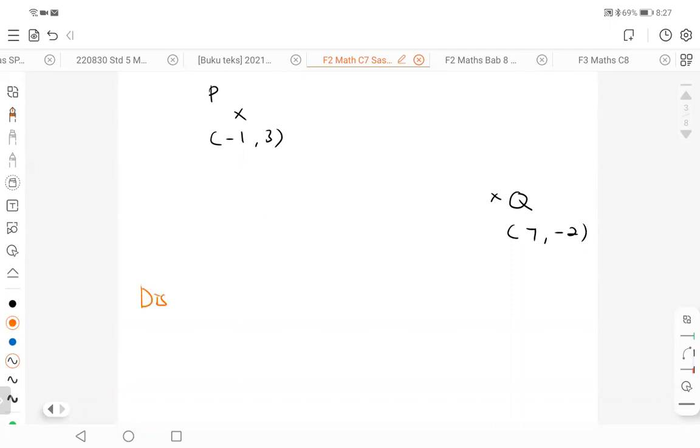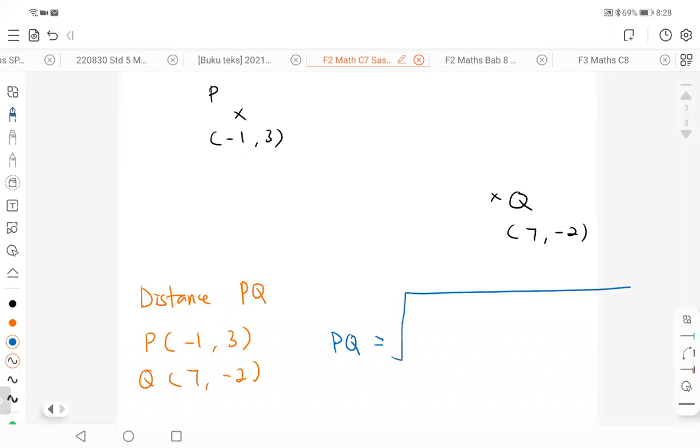If you want to find the distance of PQ, list down again the coordinates, P, -1, 3. Q, 7, -2. Then on the right side, write PQ equal to square root, like how we find the hypotenuse, open a bracket, x squared plus y squared.